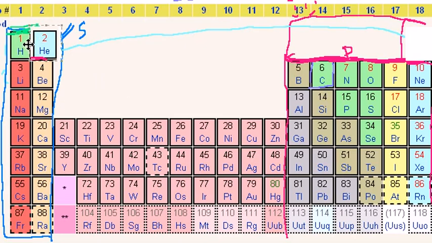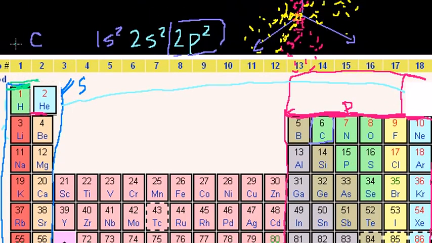And now you see that with helium, you get 1s, then you get 2s. So helium's configuration is 1s2. We're in the first energy shell. So the configuration of hydrogen is 1s1.